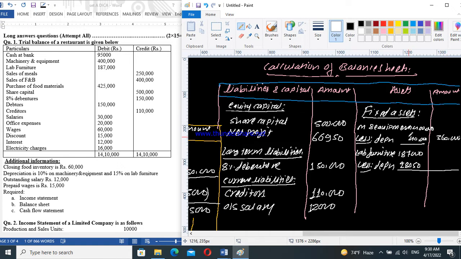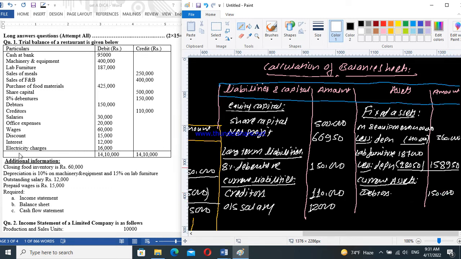Minus 28,050, 1,58,950. Current assets involve debtors, we have 1,50,000.